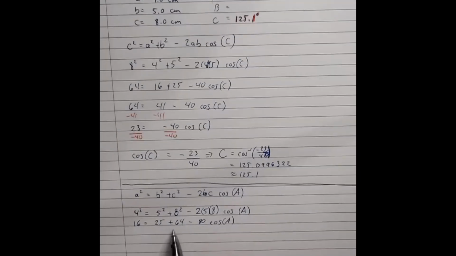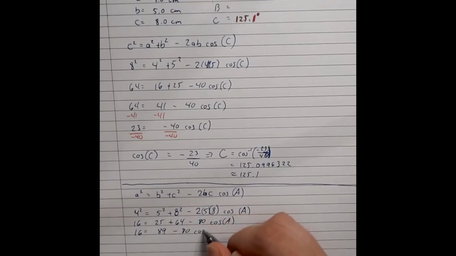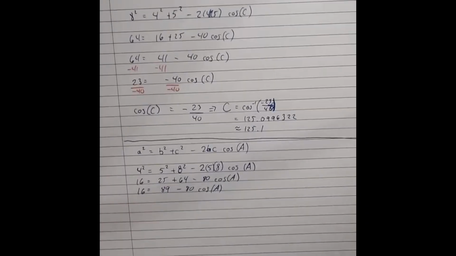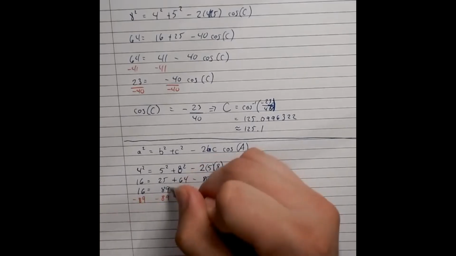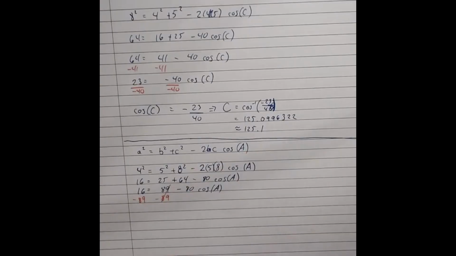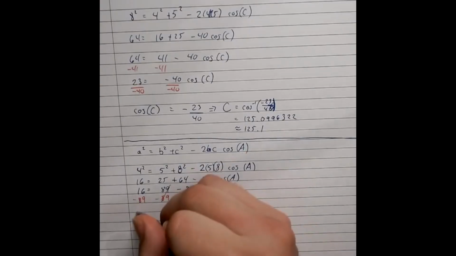If I add these together, that's going to give me 89. So 16 equals 89 minus 80 times the cosine of the angle A. I can now subtract that 89 over to the other side. And that's gone. That's a positive minus a big number. That'll give me a negative.